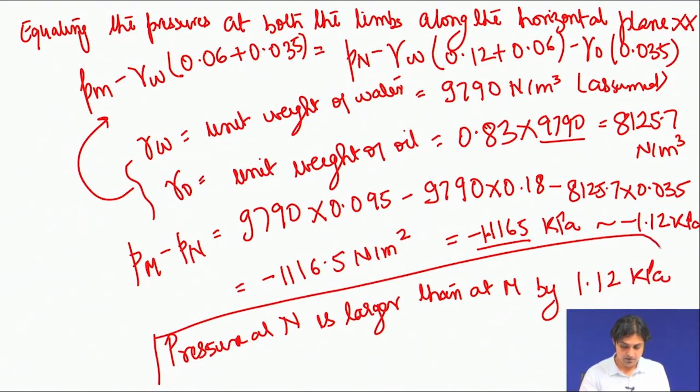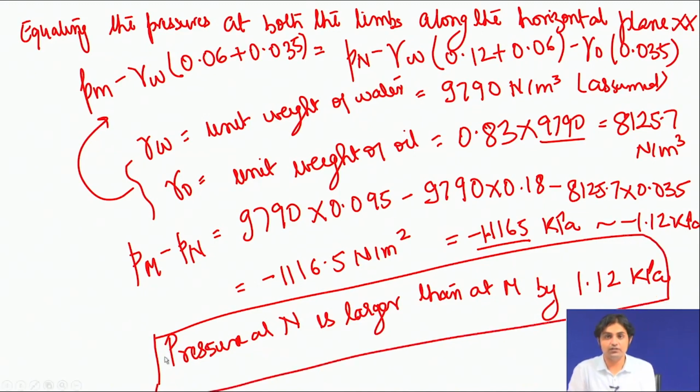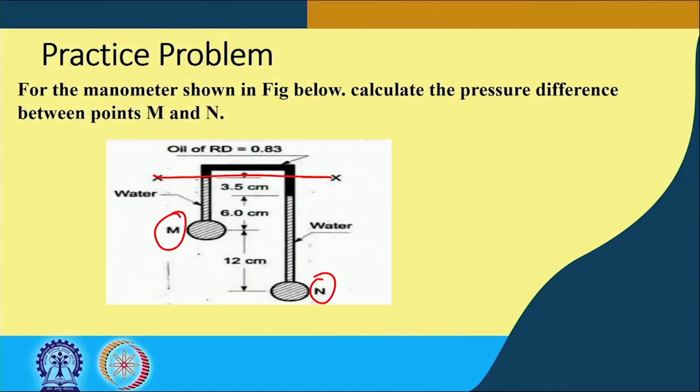Simple. So the calculation of the pressure is not that difficult. If you follow the chain rule, keep writing the pressure while going up and down, this is very, very simple. Great. So now we go back, and we have solved this problem.